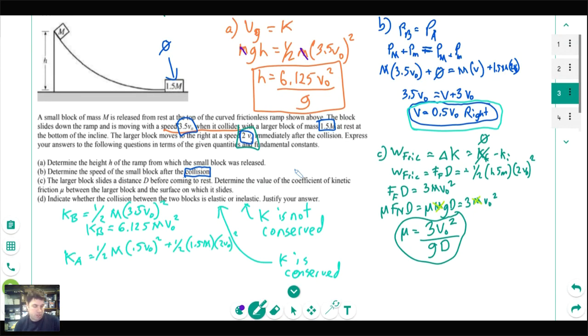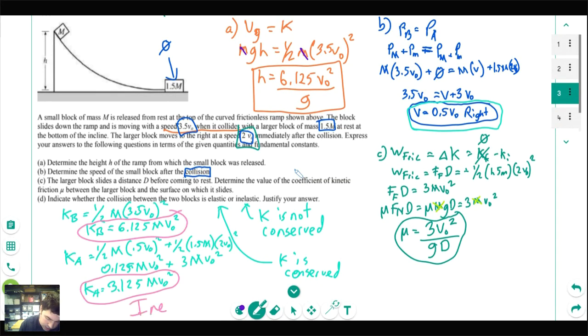An eighth as a decimal is 0.125 m v naught squared plus, half of 2 squared is 4, half of 4 is 2, 2 times 1.5 is 3 m v naught squared. So we get 3.125 m v naught squared as our kinetic energy afterwards. Those two things are not the same number, right? This does not equal this, which means this is inelastic.